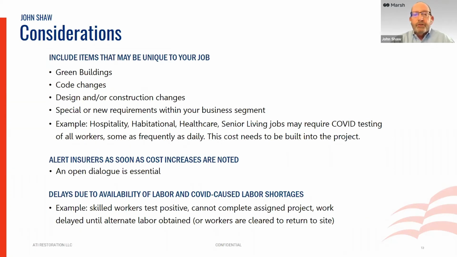When insurers find out 30 days later on a job that you've experienced significant cost increases and not informed them, then that creates some friction in the dialogue that has to be addressed as part of the continuing project and eventually the claim settlement. It just doesn't bode well for the relationship with your insurers.